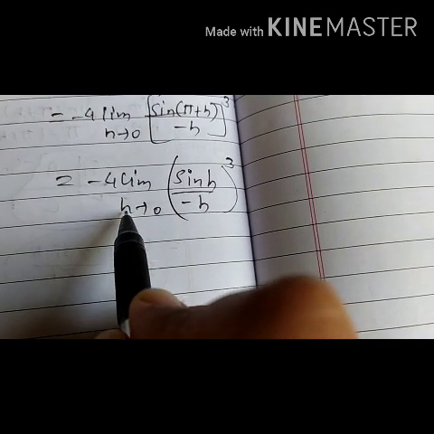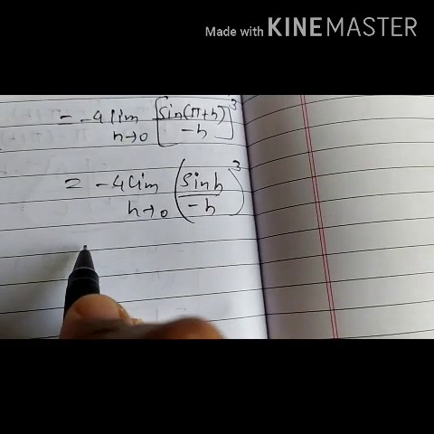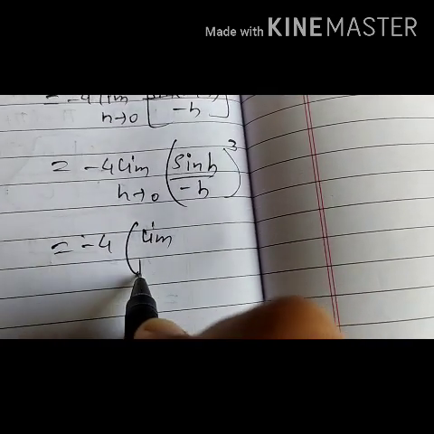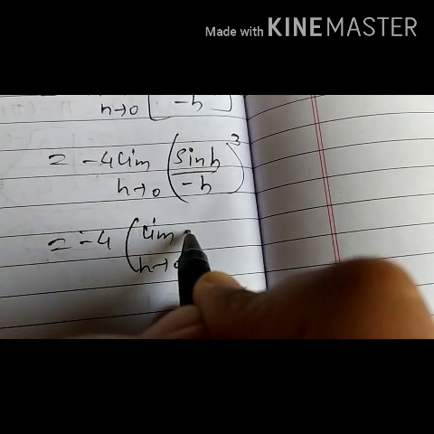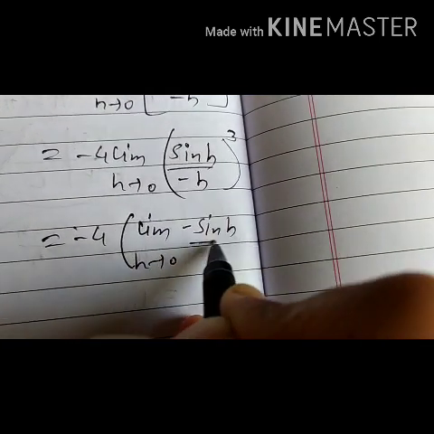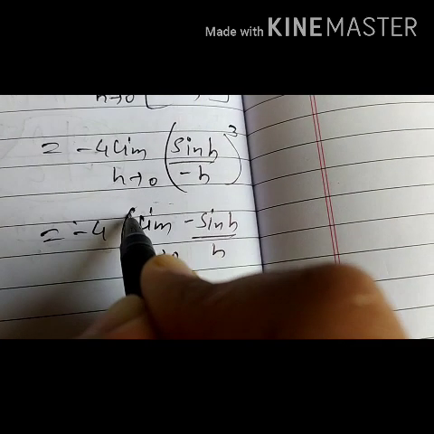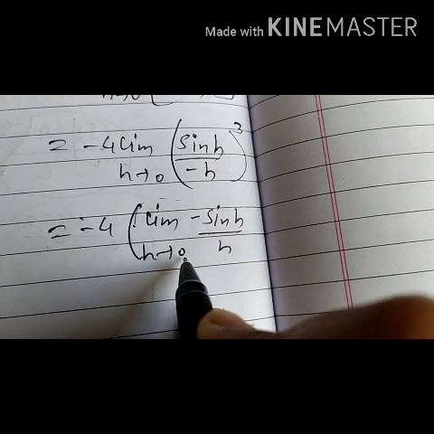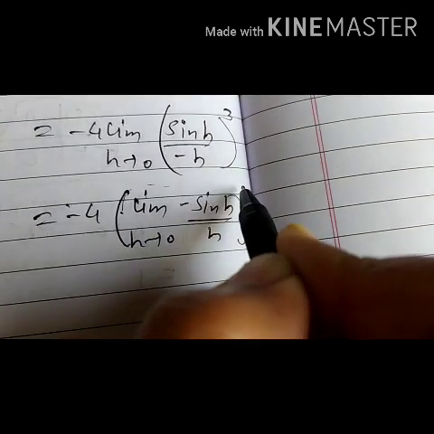When limit h tends to 0, now the limit will go inside, it will be minus 4 times the bracket limit as h tends to 0 of minus sin h upon h. Now this minus sign we can also take outside as a minus 1. So it will be limit as h tends to 0 of sin h upon h, which is 1.